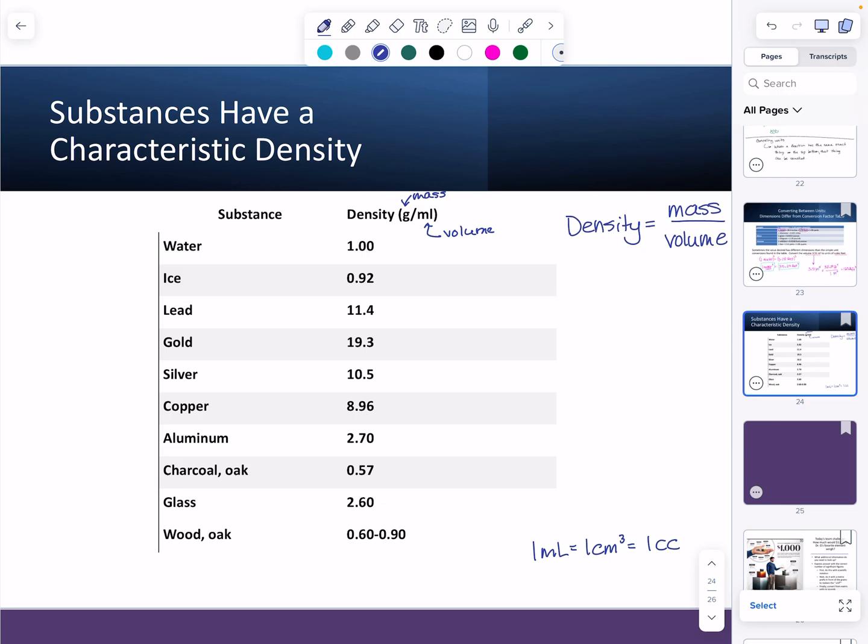So here's just a list of materials and their densities. Water has a density of 1 gram per milliliter, but you'll notice that ice has a lower density, right? So the solid form of water has a lower density than the liquid form, and this is because water does something called hydrogen bonding with itself.